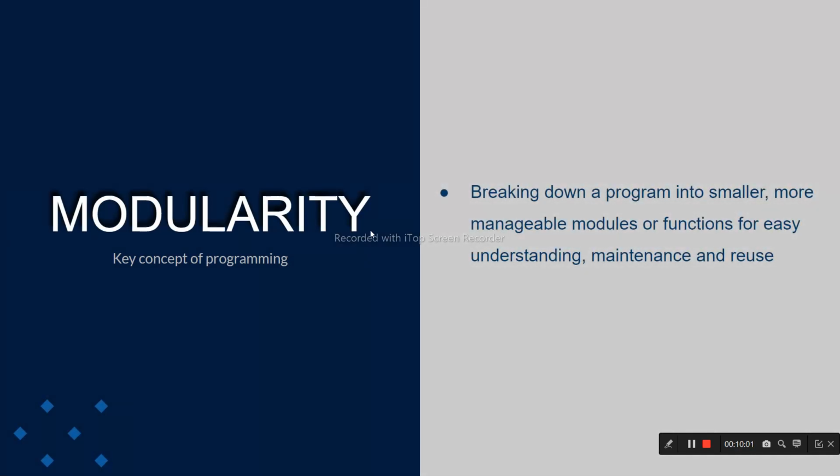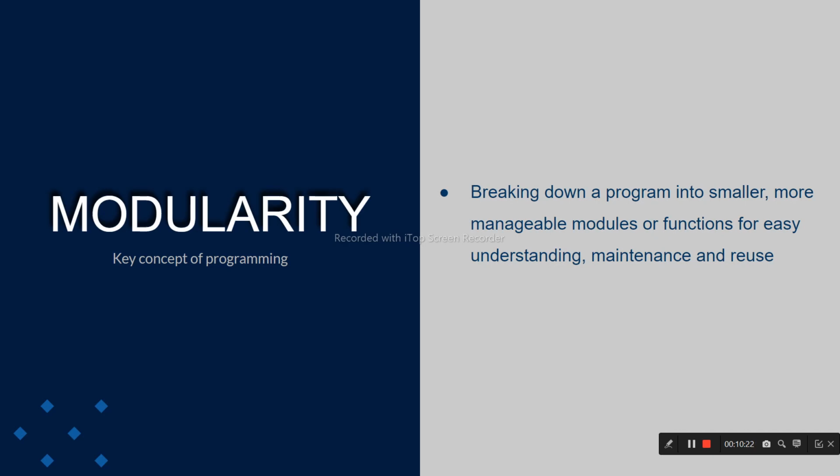Modularity basically means that, let's say you've written a long piece of code. As you know, when you're coding or working on a program, you need your code to be read and understood by other coders, because then it makes it easy to improve and maintain your program.